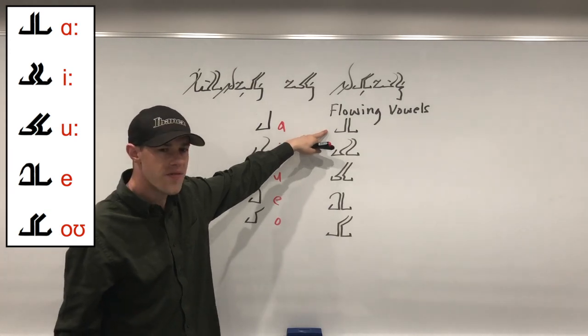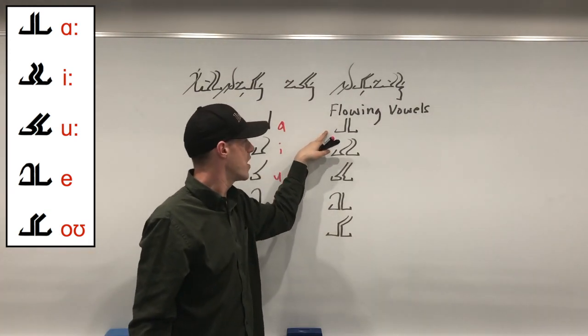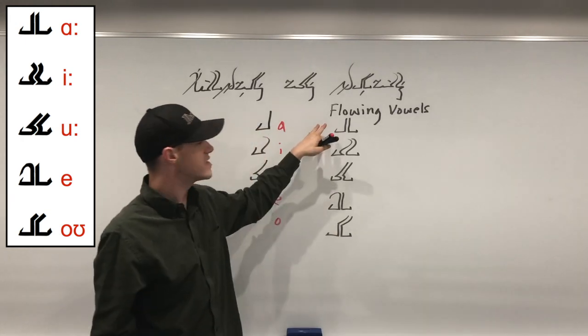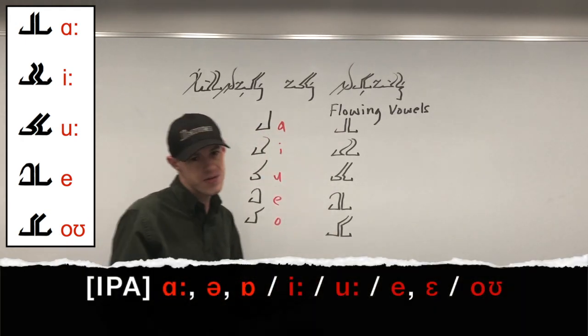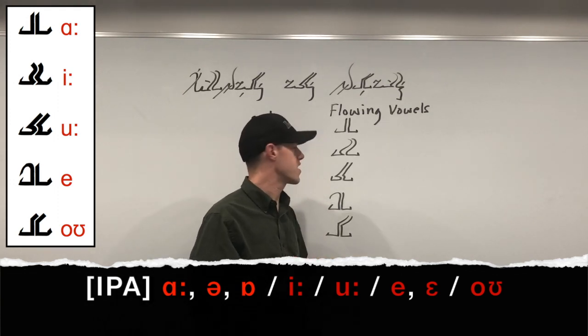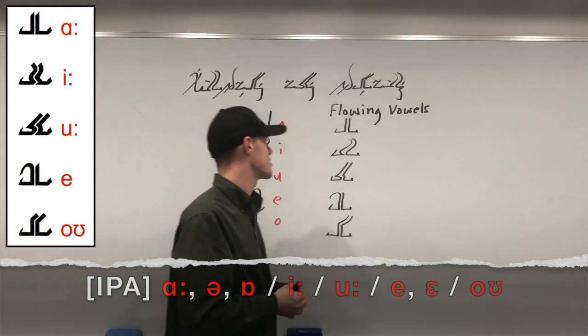Well, the flowing vowels do the exact same thing. It's important to note that the pronunciation does not change between a single vowel or a flowing vowel. The use of a flowing vowel is just for the sake of uniformity and because I think it looks cool.